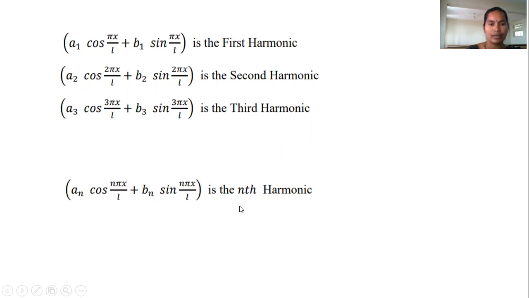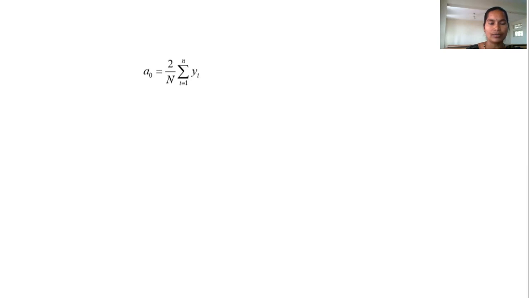Now we will see the formulas we use for practical harmonic analysis, that is, the values of A naught, An and Bn. The formula for A naught is 2 by n times the summation of yi from i equals 1 to n.